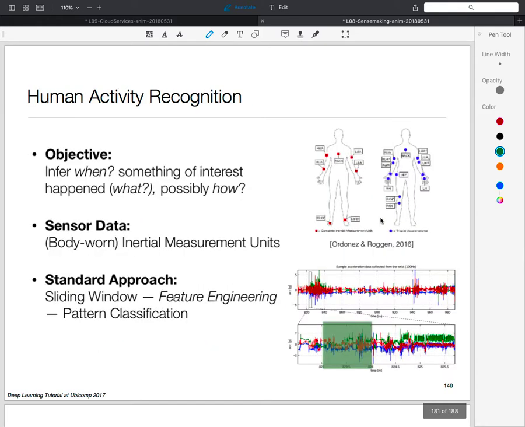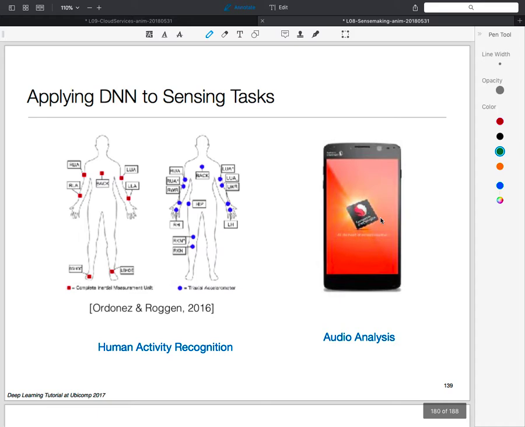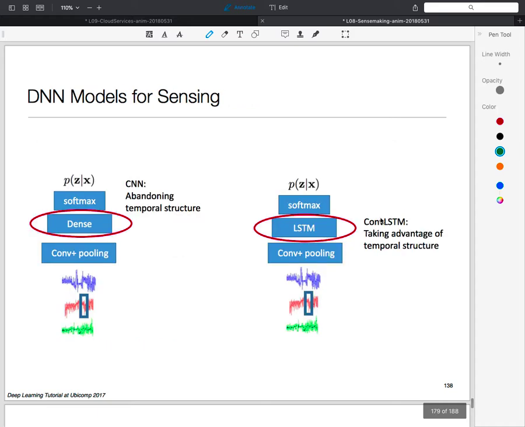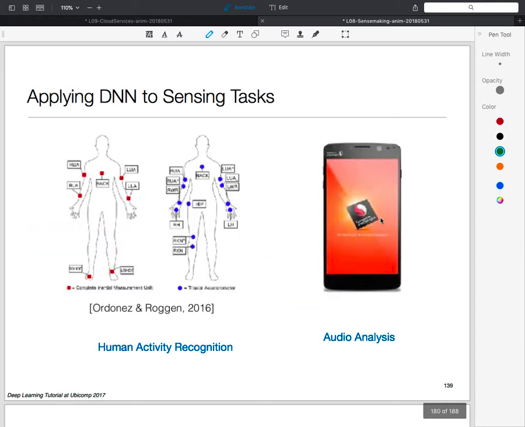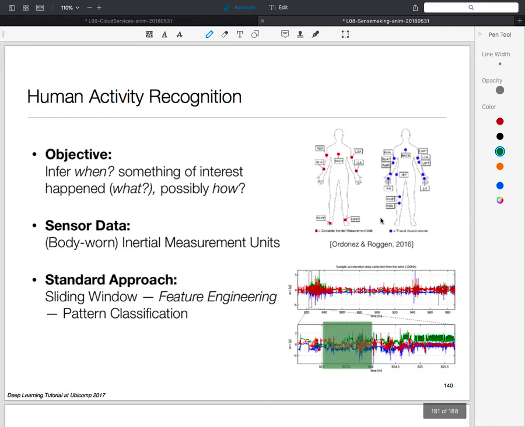Let me show how this works out. I'm going to show you on a couple of examples. Again, our good old human activity recognition. Previously what we did was we had sensor data, we divided it into windows, and we calculated features over those. In our case, the data set already gave us the features, and we focused on which features are good.